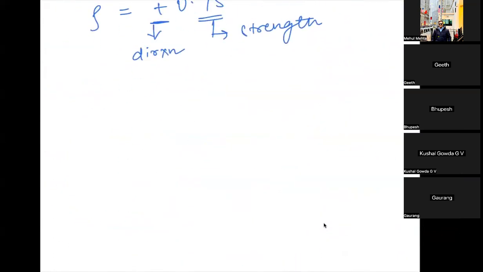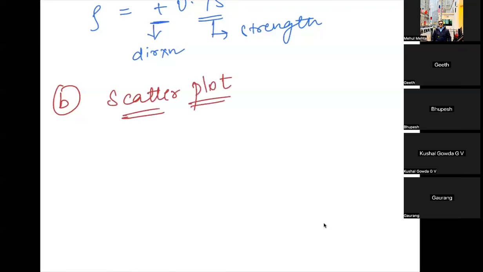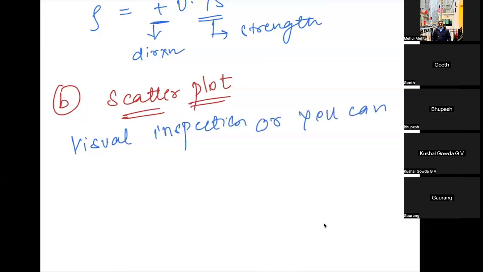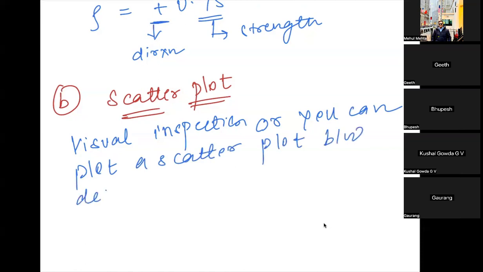There is one more way, which is by using a scatter plot. You can do a visual inspection, or plot a scatter plot between your dependent and independent variable.